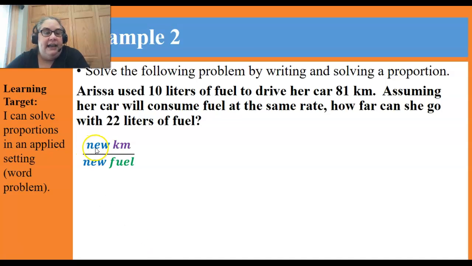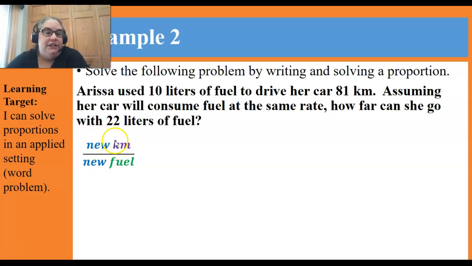Because I know this is going to be my variable, my new kilometers, I want to make that top left, the numerator of my first ratio. And you can compare it to the new fuel situation.